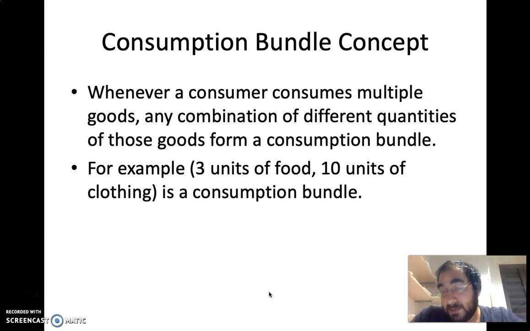In more advanced microeconomics studies, usually it is assumed that there are n goods. You don't give an actual number of how many goods are in a consumption bundle, and you model your consumption theories in that way. Here, of course, we are just looking at the rules, so we don't have a detailed model.